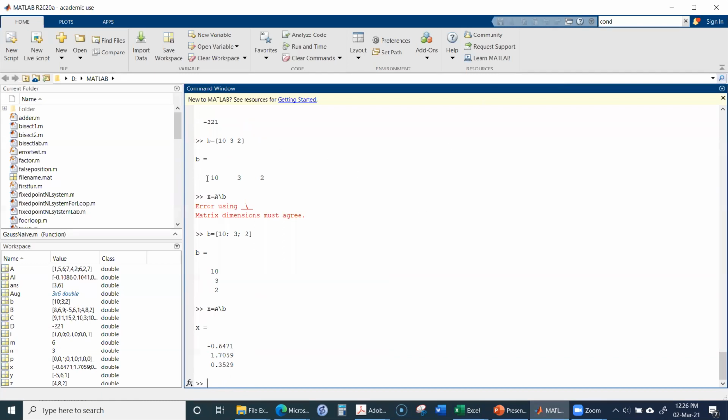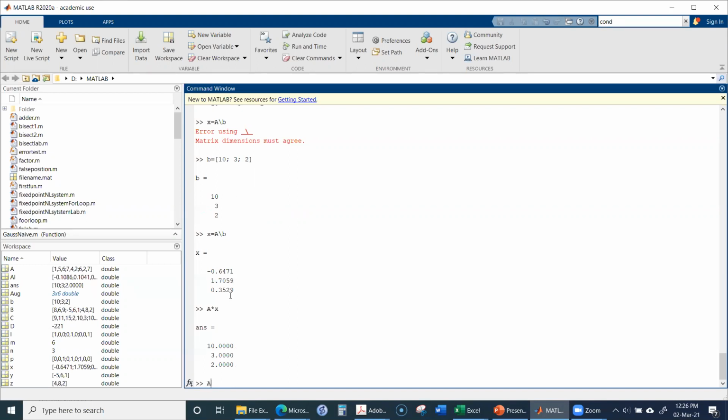But to verify whether the solution is correct, I will multiply A with x and see whether I get the same answer. So A star x, and then I will get 10, 3, and 2, which is the same as this. So this shows that our solution is correct.